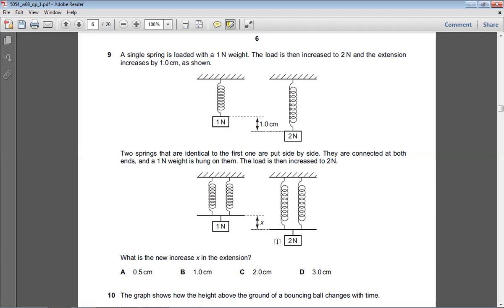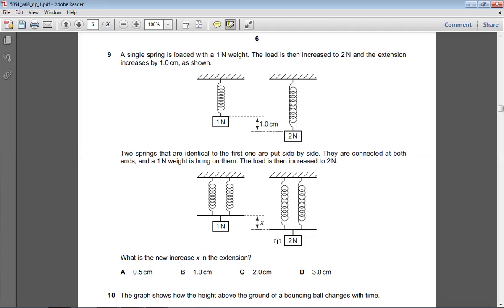This time the actual load increment experienced by each spring will be half, because there are two springs parallel to each other and they are sharing the load.